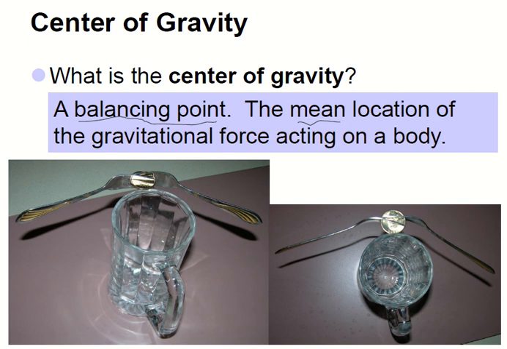So these two forks and a coin are standing on a glass. I'm just trying to show you a real world example. It's just a small demonstration showing you where the center of gravity is.